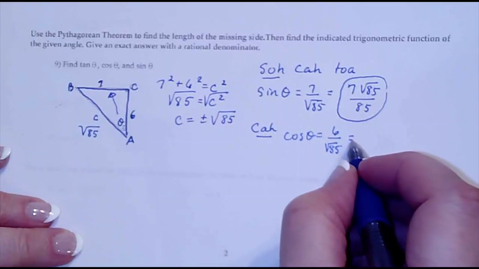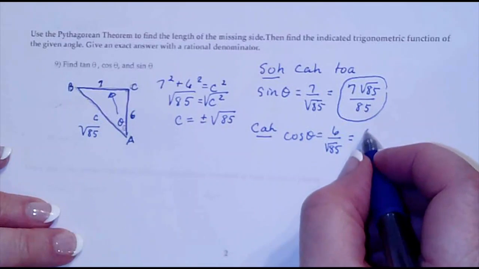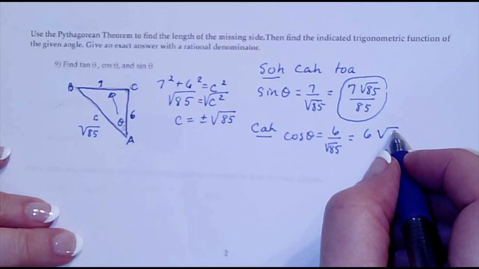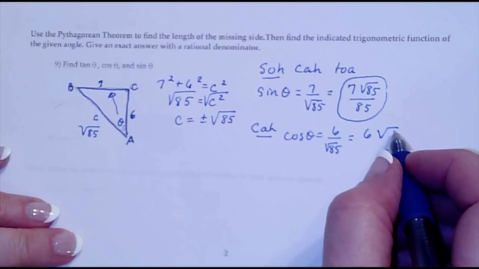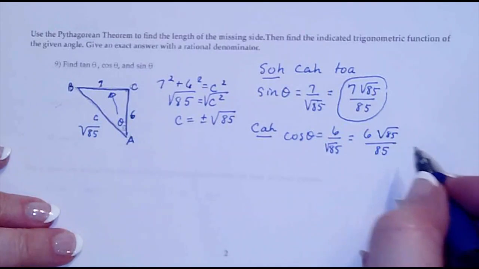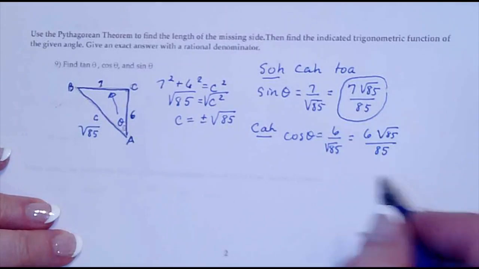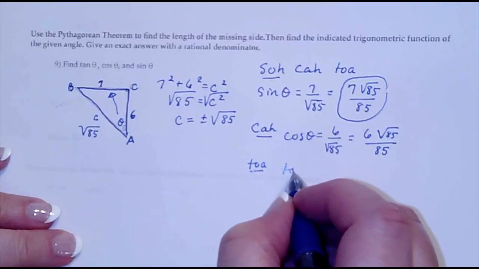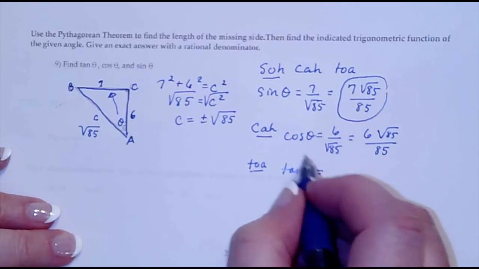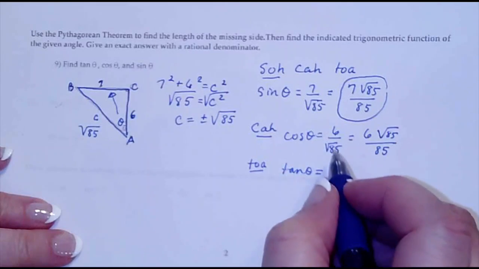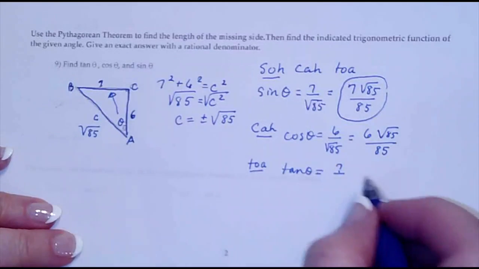But again, we're going to rationalize the denominator, so we get 6 square roots of 85 over 85. And then tangent is the TOA. So tangent of theta, we said, was going to be opposite, which is the 7, over adjacent, which is the 6.